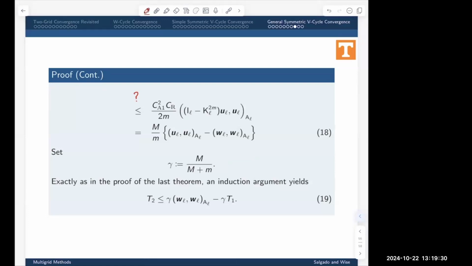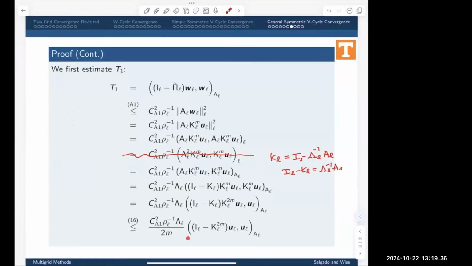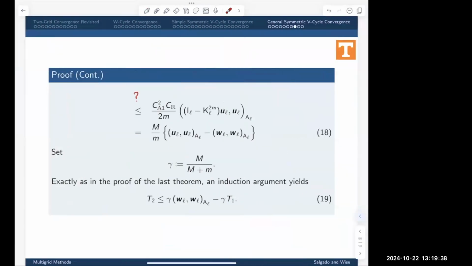But one of the smoothing principles that involve the Richardson smoother is going to give us this estimate here. Okay, so let's apply that now. And then we're going to set gamma equal to m over m plus little m.